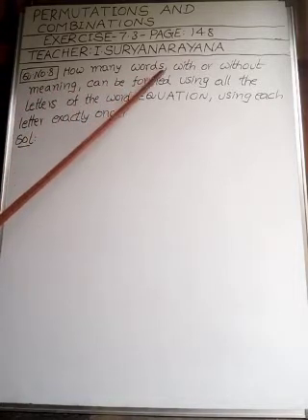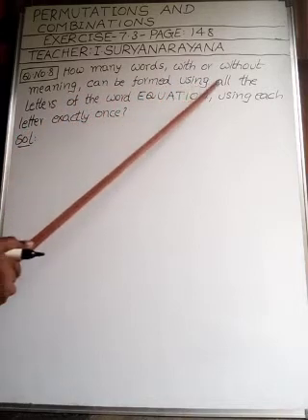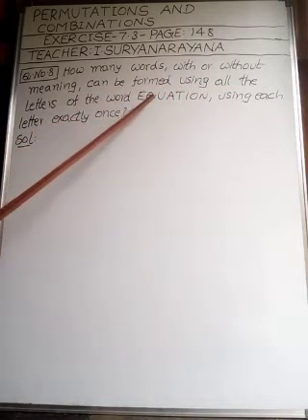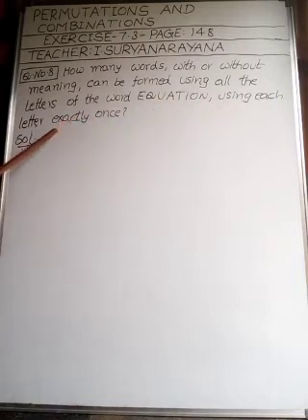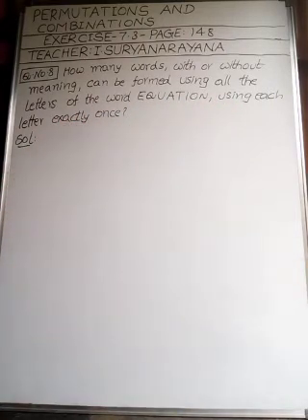How many words with or without meaning can be formed using all the letters of the word EQUATION, using each letter exactly once? Okay, my children, understood this question? Right. First of all, come to the solution part.